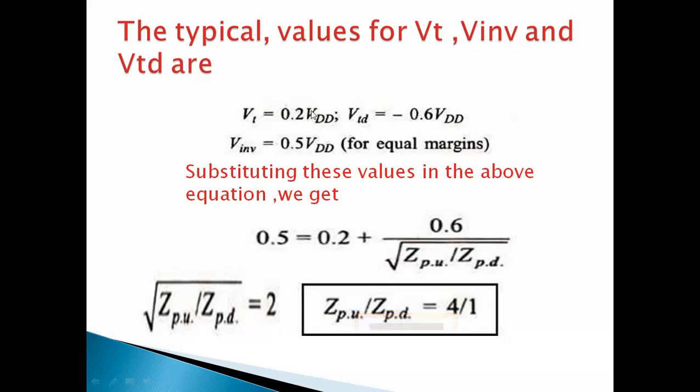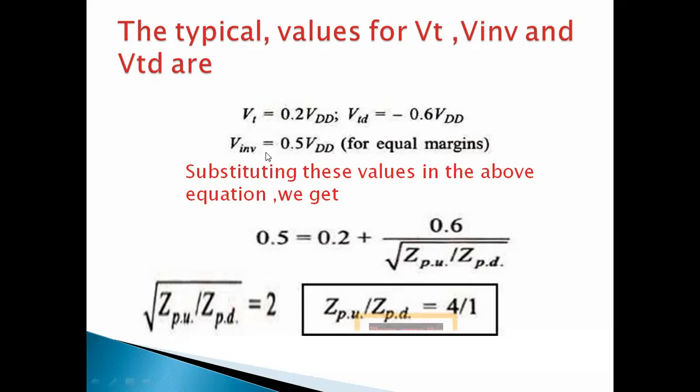For example, take Vt of the enhancement mode device as 0.2 VDD. If VDD equals 5 volts, that means Vt equals 1 volt, and VTD, the threshold voltage of the depletion mode, is minus 0.6 into 5, minus 3 volts. So for the depletion mode device the threshold voltage is minus 3 volts, and V inverse equals 0.5 VDD, that is 0.5 into 5 equals 2.5 volts.